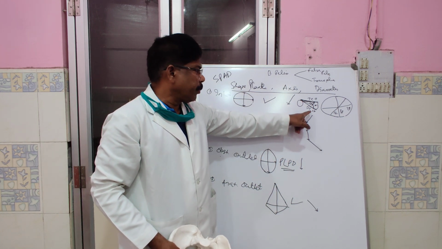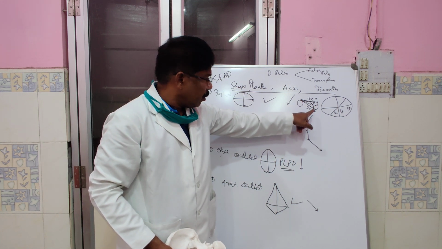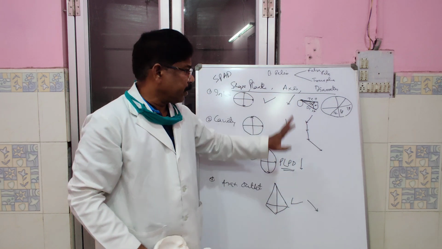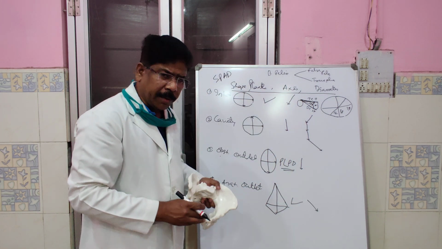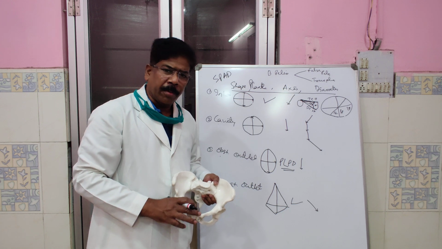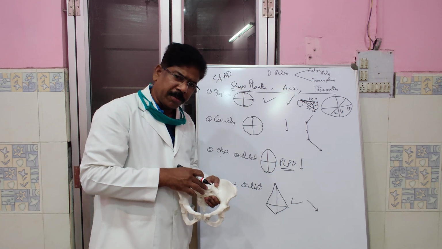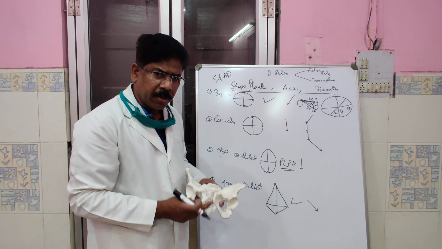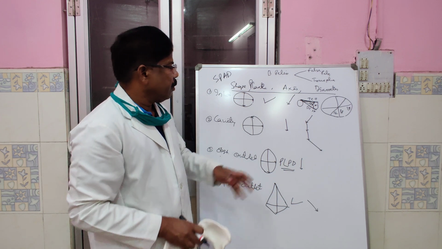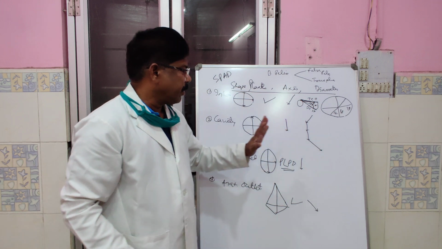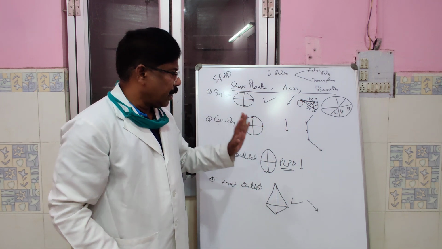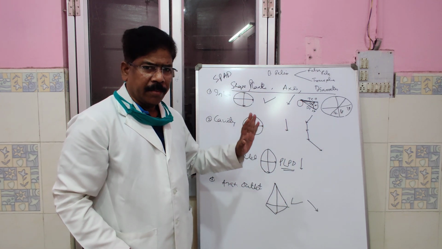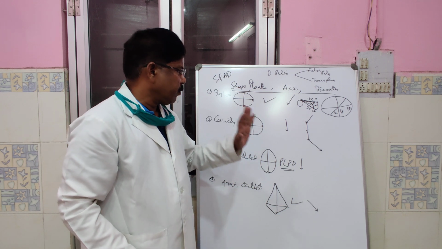If you subtract 1.2 centimeter or 1 centimeter from the diagonal conjugate, you will get the true conjugate. True conjugate means inner margin of the upper border of the symphysis pubis to the midpoint of the sacral promontory. Diagonal conjugate means lower border of the symphysis pubis to the midpoint of the sacral promontory. So regarding all the diameters of the inlet, as of now it is clear. You can remember by remembering 11, 12 and 13.